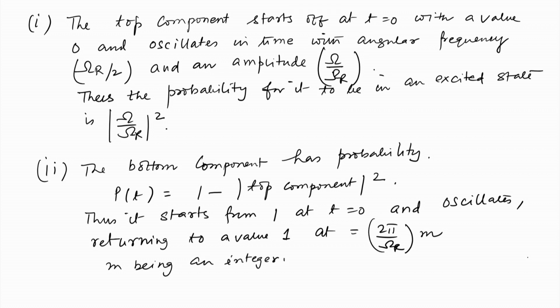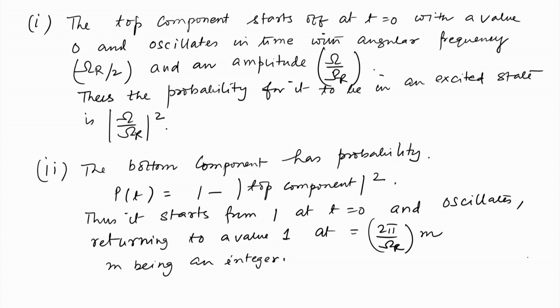So, we have shown by a simple example how the time evolution of a two level system occurs by writing down a unitary operator, which is nothing but the exponential of minus i H t by h cross. Then, as a specific example, we took a spin down state and showed how the components of a spin down state at t equal to 0 oscillate.